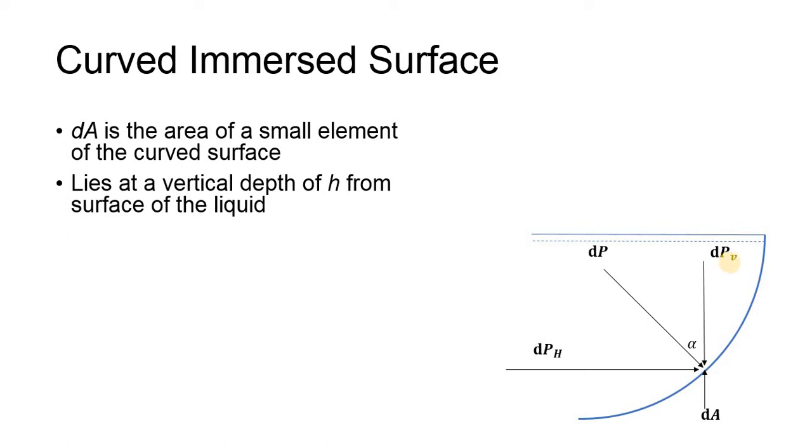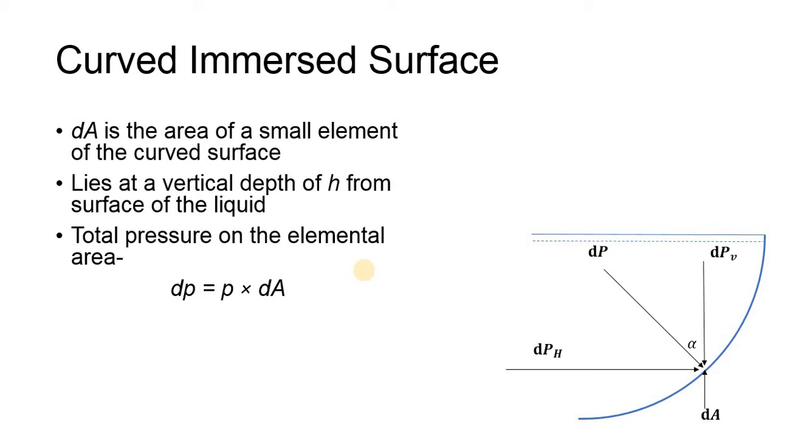this lies at a vertical depth of h from the surface of the liquid, as we have discussed in the horizontal, inclined, and vertical cases. The total pressure on the elemental area we calculated with the usual notations, and the principle dP equals P into dA.